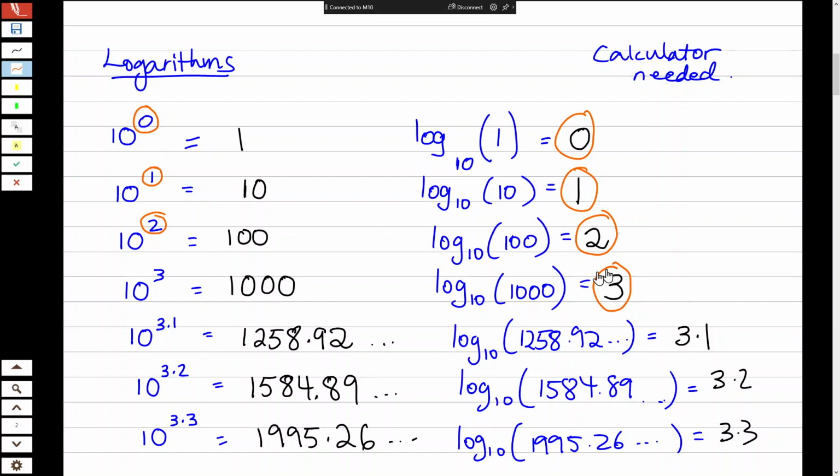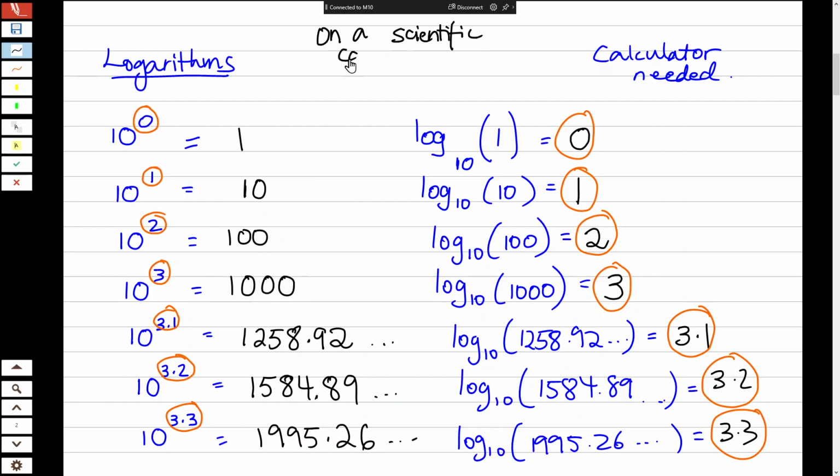Maybe I should write that in the notes here. Okay, and I'll write a quick note here on a scientific calculator, just use log. AJ, did you get it to work? Yep.